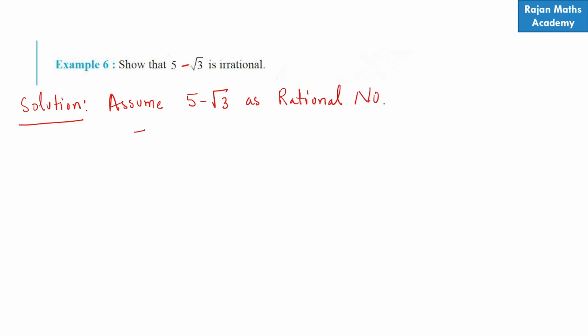So we can express 5 minus root 3 as the ratio of two numbers a by b, where a and b are coprime after dividing the common factor.